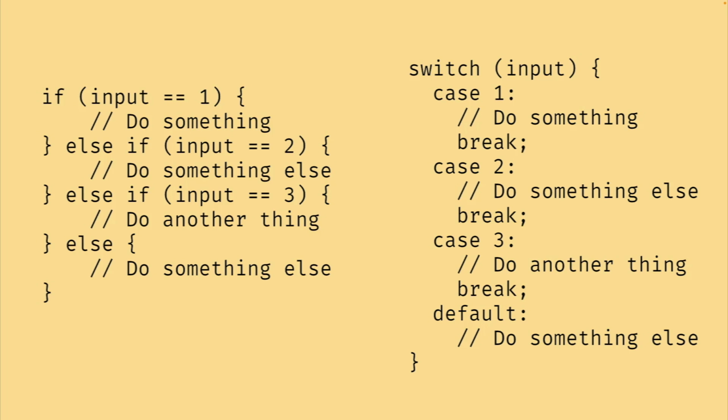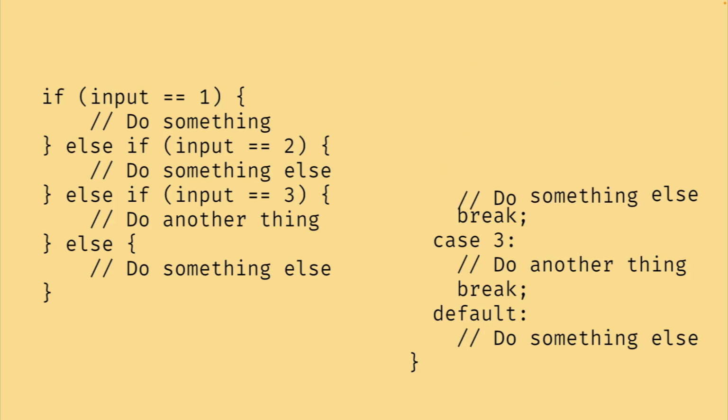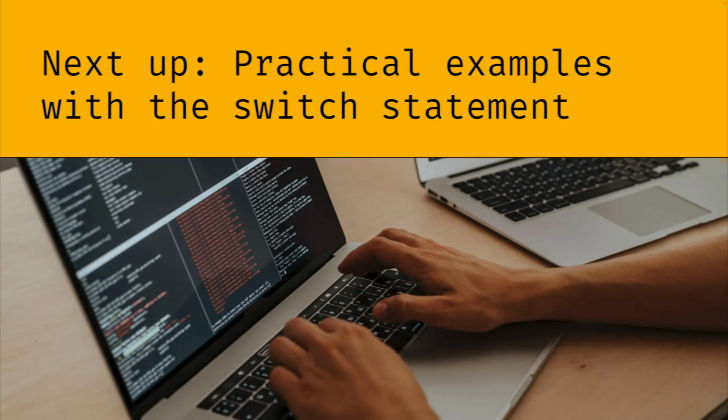So the popular opinion is that the switch statement is easier to read and better to maintain than the if statement. Both will do the same thing though. Just like the if statement, switch statements are a very useful tool for deciding how to execute the program and controlling the flow. In the next video, we'll see some practical examples of the switch statement in IntelliJ.